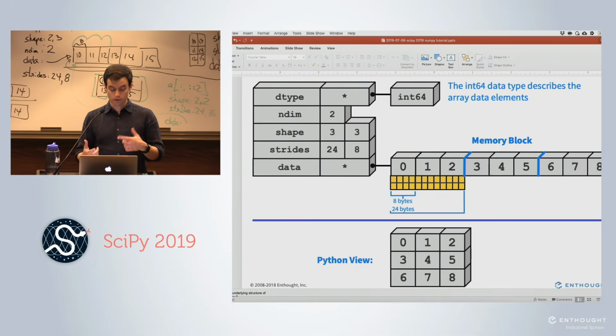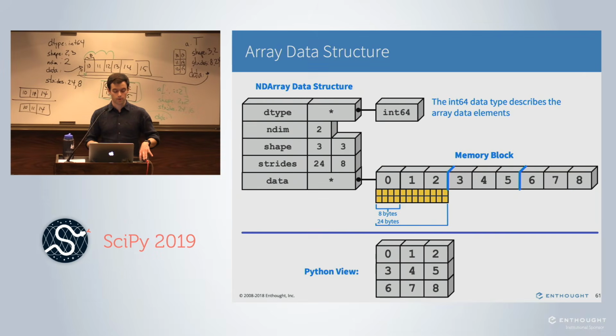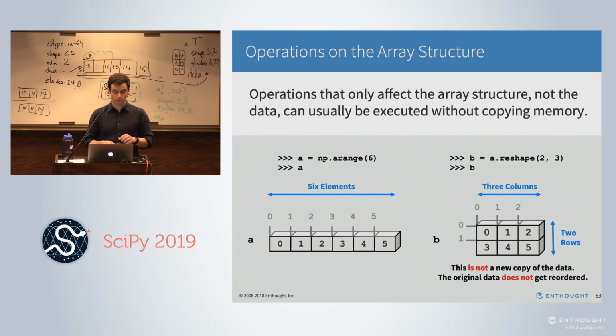So another consequence of this representation is that any operation that's done to the shape only is basically free. So NumPy has this concept of reshaping, which is both a function and a method, and you can also assign to the attribute.